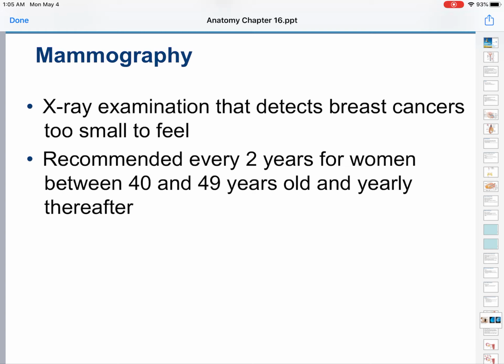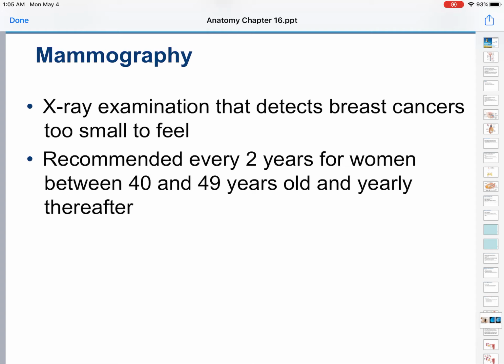What happens during a mammogram is that you take the breast, the mammary glands, and all the area around it, and you squish it down so that all the tissue is flattened out, and then you are able to scan for any irregularity in the appearance of the tissue.